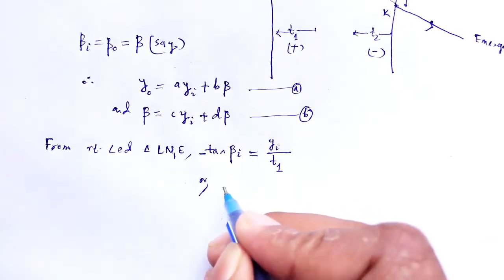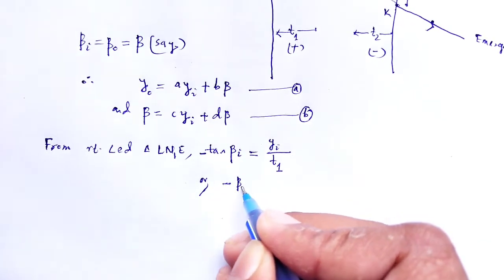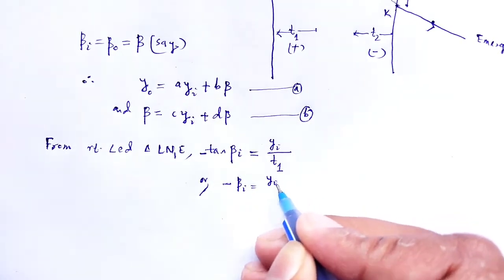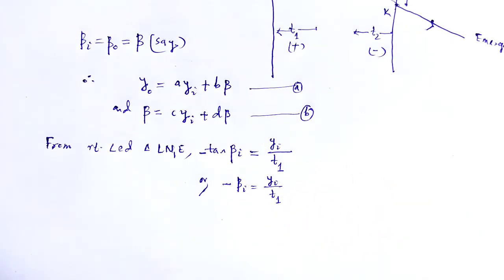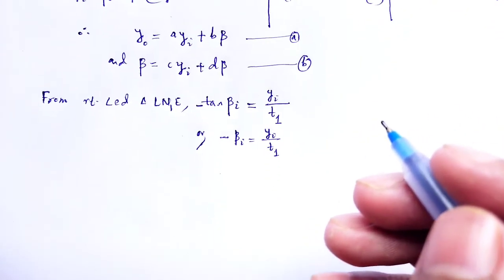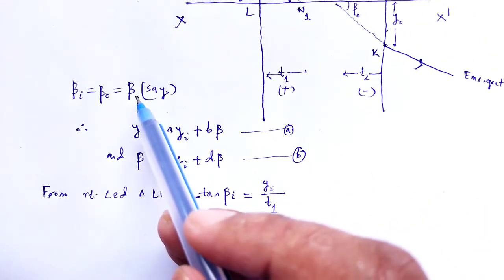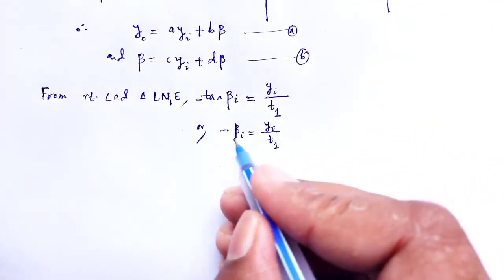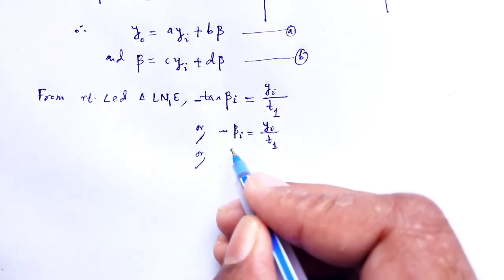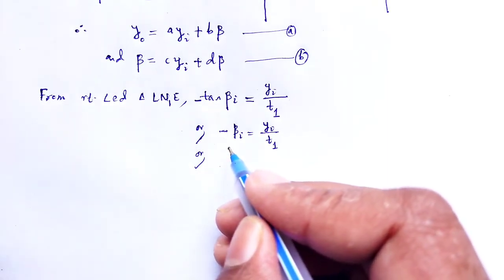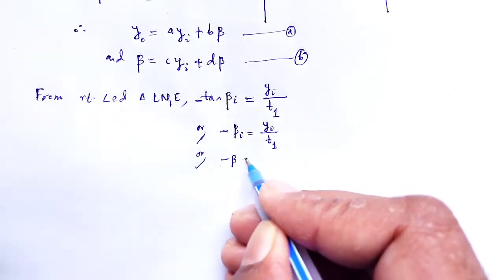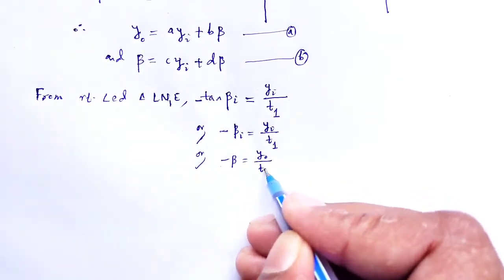Again for paraxial rays, beta I is equal to yi divided by T1. Now beta I is equal to beta, therefore minus beta is equal to yi by T1.